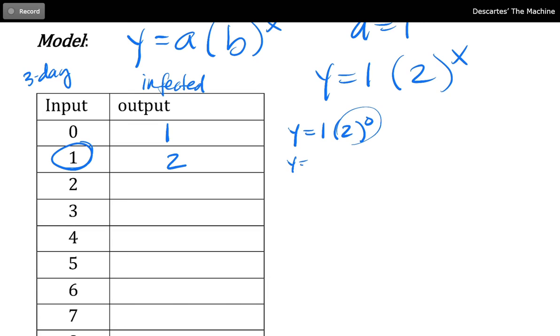That would be y equal to 1 times 2 to the first, which is 2 total. And then we just double it every 3 days. So after 2 3-day units, after 6 days, I'm going to have 4. After 3 3-day units, that would be 9 days total, I would have 8, and so on and so forth.